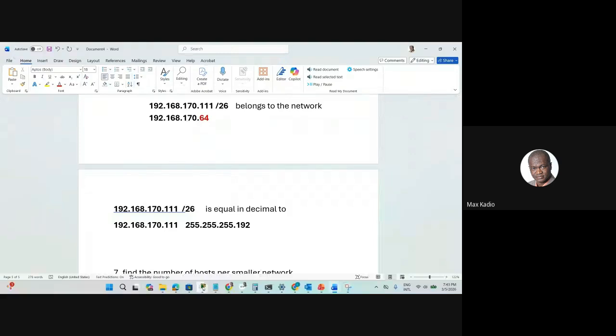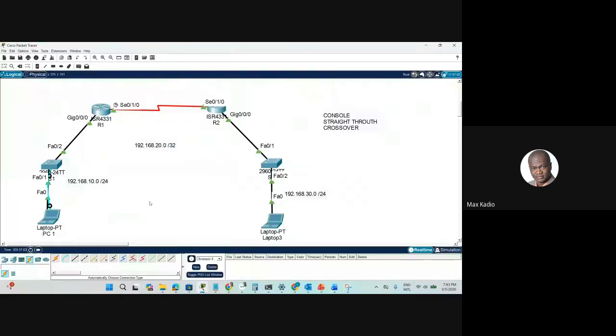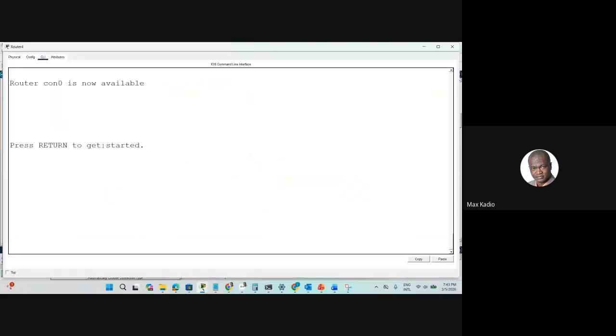That's why when you have a router and we need to configure S0/1/0, you open your router, type enable. Last time I explained that to view all your ports on a router, you type show ip interface brief.